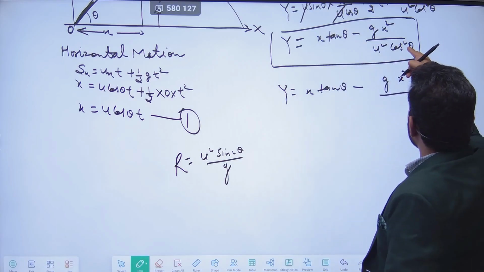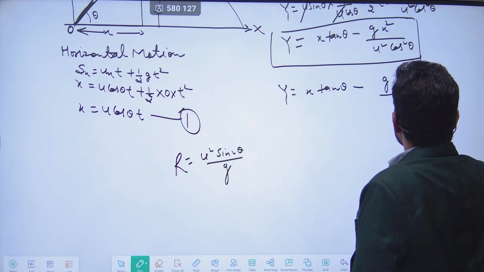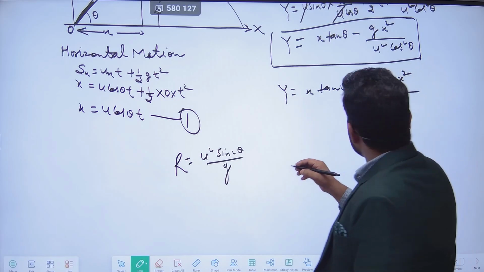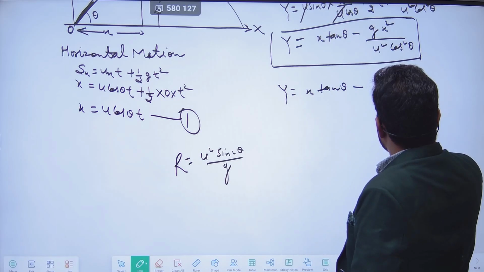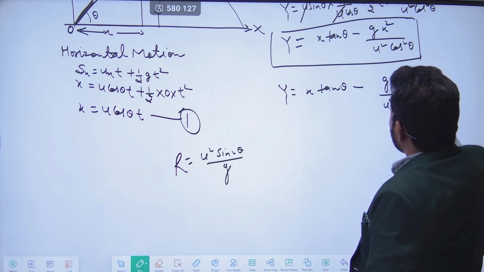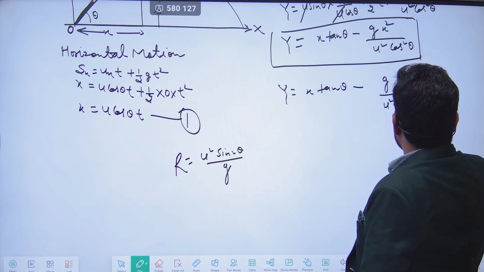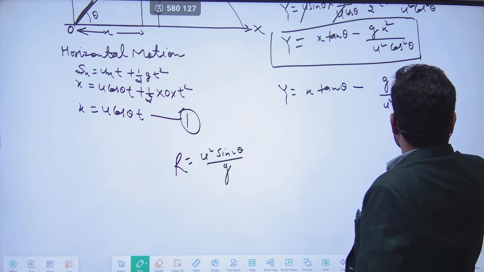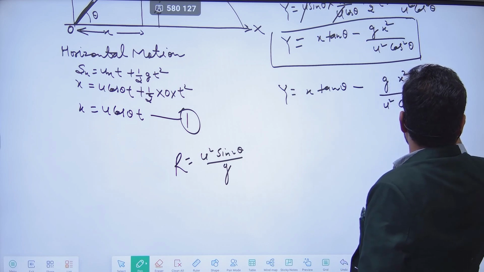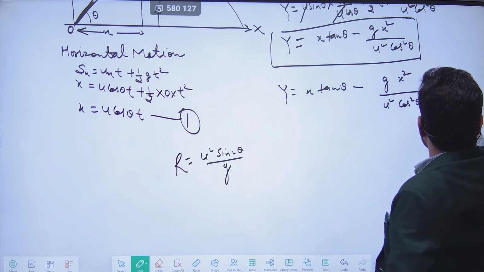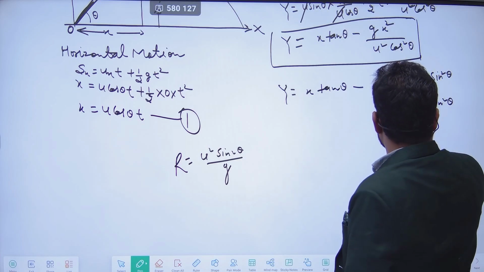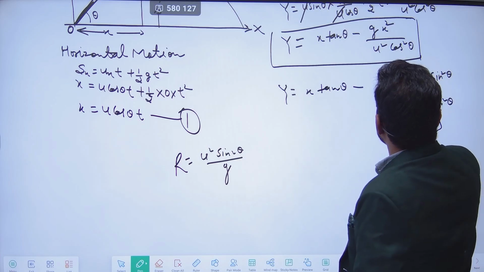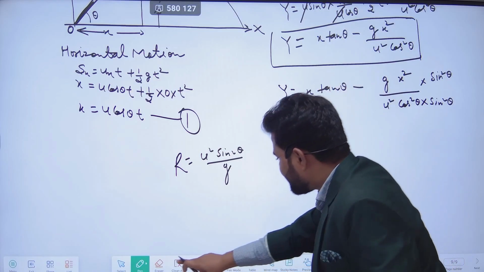Here we have u square cos square theta. If we multiply this cos square theta by sin square theta, in the numerator also with sin square theta.